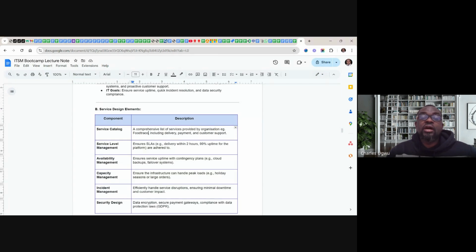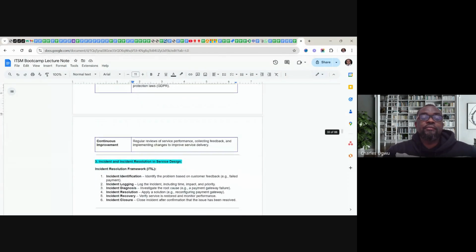If you go to other organizations, you might get different services from what we are seeing in Fultracker. We've talked about this service design last time, so this is just to refresh our memory. So let's look at the service catalog.